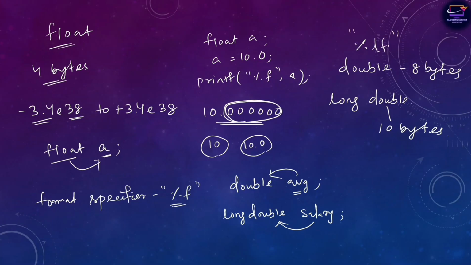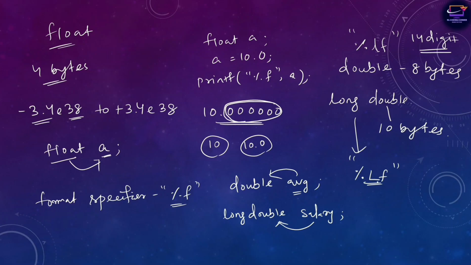F for float, lf, long float, means double. In double we get 14 digits of precision, so after the decimal point we mention 14 digits, which is more accurate. For long double the format specifier is %Lf within double quotation. Small lf is double, capital Lf is long double, right?